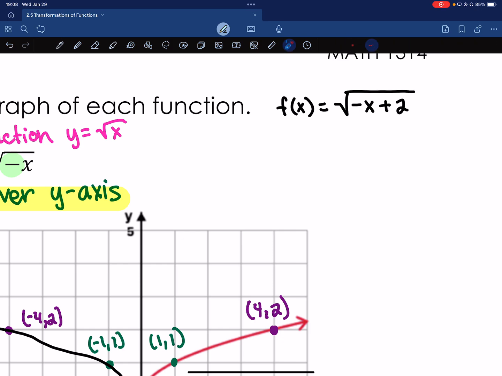So when you have a reflection specifically on the inside and a shift, what you have to actually do is factor out the negative sign. And so when you do that, it turns into this. And so now you can see that there is a reflection over the y-axis and it's actually going to the right too.